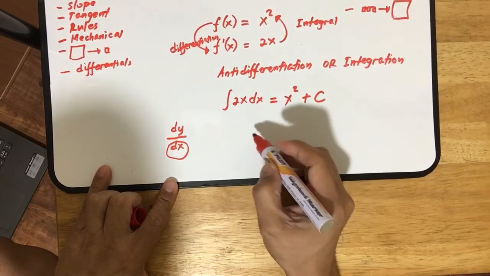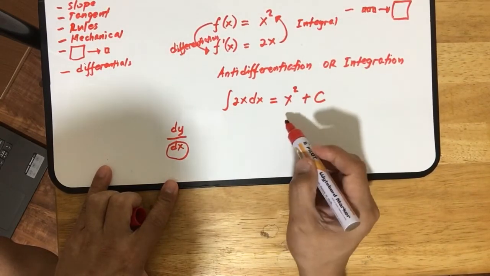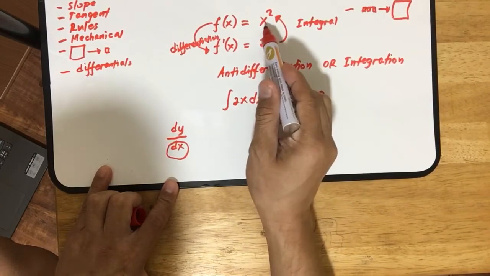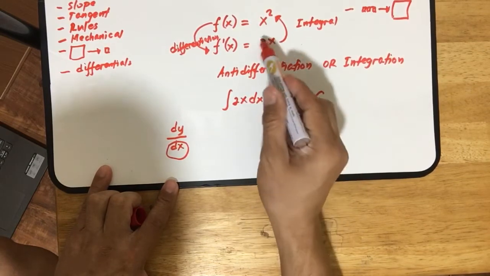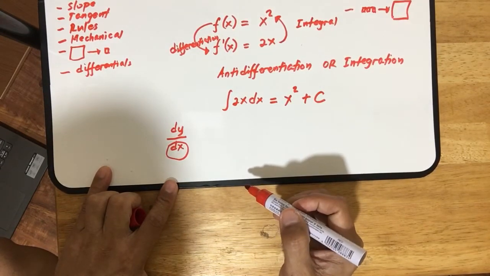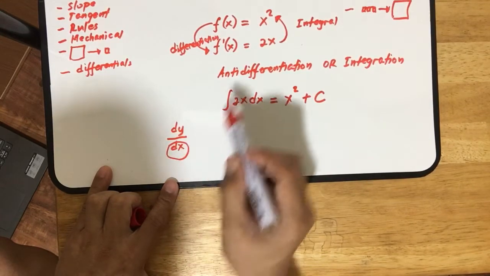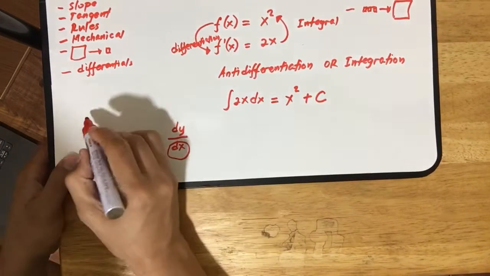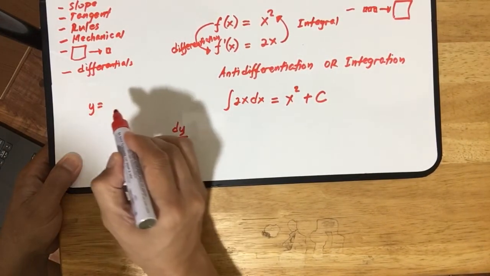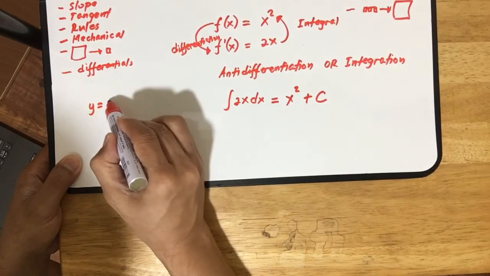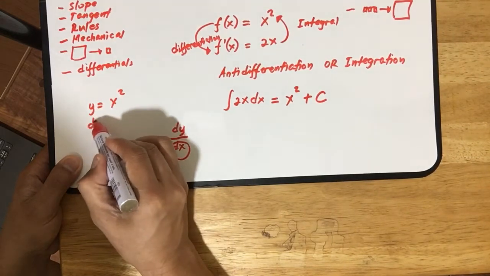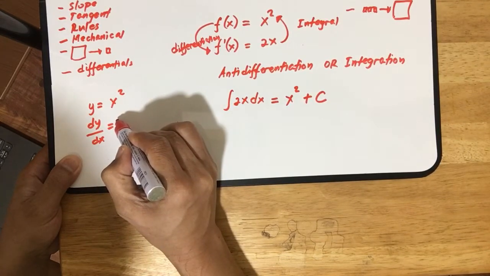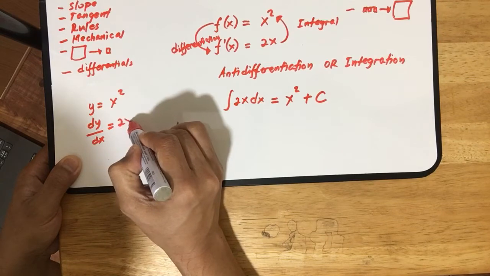For example, in the reverse manner, if you have this and you differentiate it, you'll go back to 2x. So dy over dx, taking the derivative of this function, our function y equal to x squared, when you take the derivative of y with respect to x, we have 2x, right?